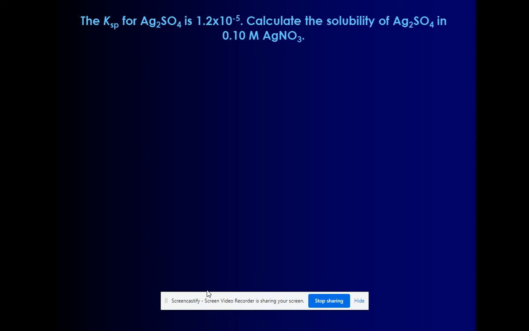Both solids contain silver. So silver nitrate is providing us with a source of silver ions, 0.1 molar to be specific. Again, double arrow. Silver sulfate would break into 2 silver ions, or be able to dissolve into 2 silver ions and 1 sulfate ion.